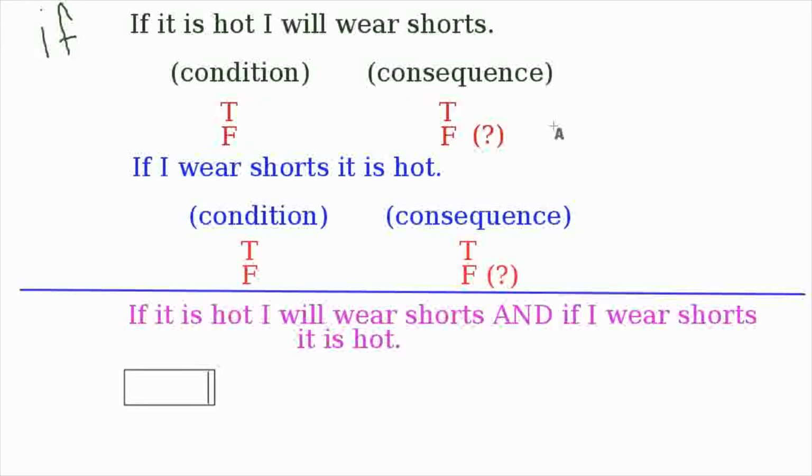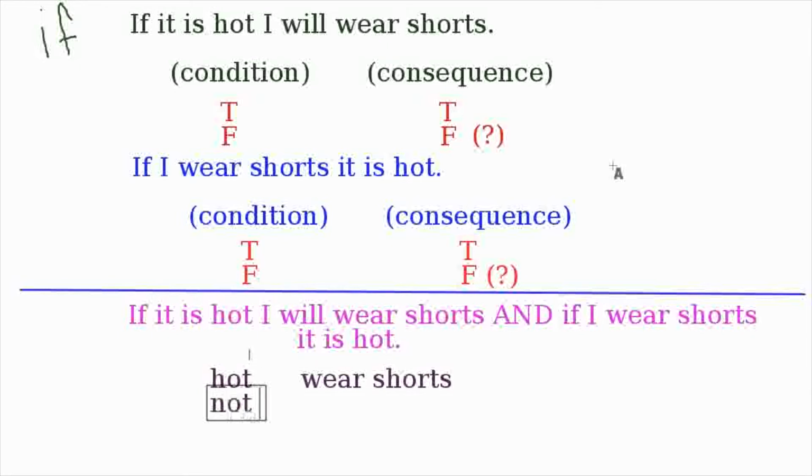Okay? What if it's not hot? Or what if we say it this way? If it's hot, then we will wear shorts. If it's not hot, we will not wear shorts. There's no doubt, okay?